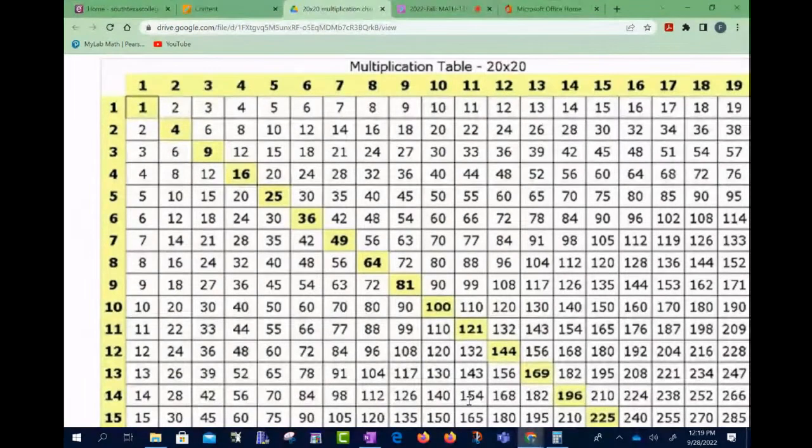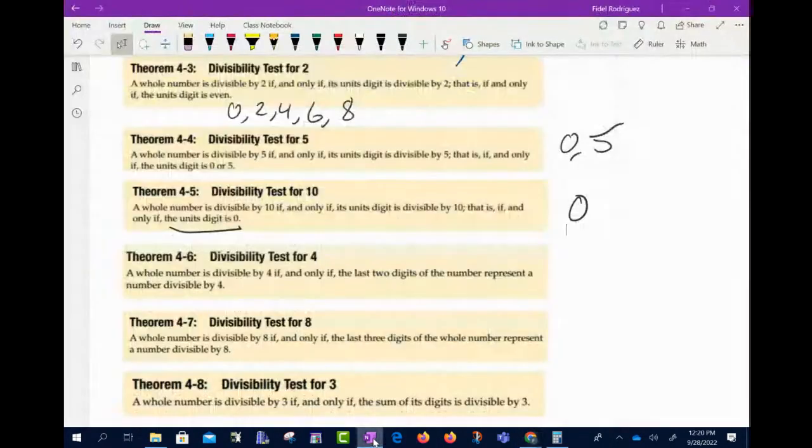They all end in either a 0, 2, 4, 6, or 8. Look at the 5s. They either end in a 5 or a 0. Look at the 10s. The 10s all end in zeros. That's all that those divisibility tests are really telling me here, okay?